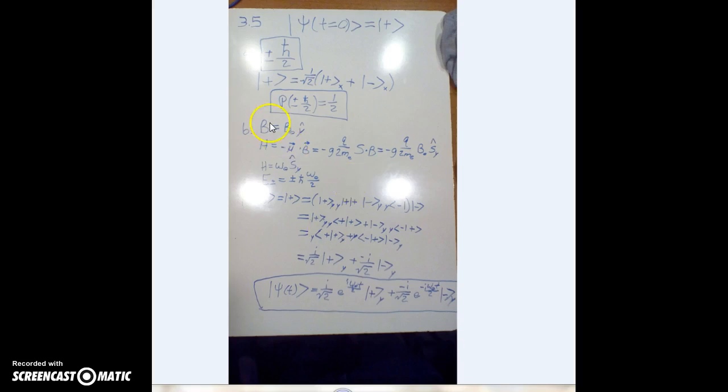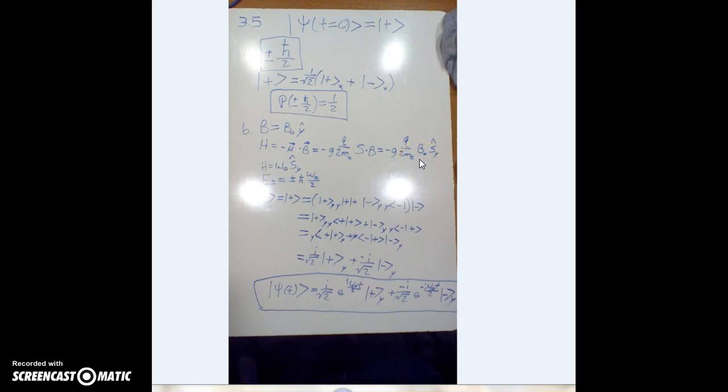So here's our magnetic field. The Hamiltonian for this is going to be H equals negative mu dot B, and then this can be rewritten as negative g q over 2 m_e times S dot B, and then S dot B is just, for our problem, B naught S hat sub y.